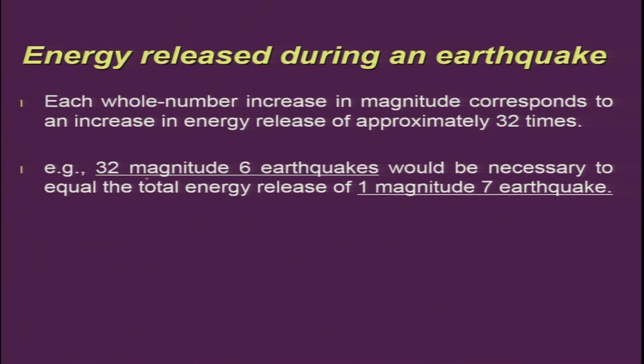So you can imagine that you are increasing the magnitude by 1. Okay, here you are having 6 and you are having 7. So if you are having one magnitude 7 earthquake, you require 32 magnitude 6 earthquakes, because again it is the moderate magnitude and this large magnitude here.